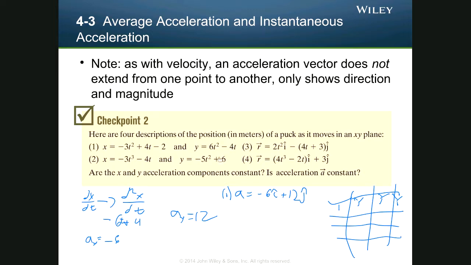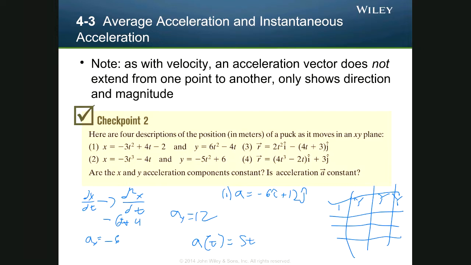Now, if you have a t left in your acceleration, it's not constant, right? So basically, if you have a situation where a of t equals, say for argument, 5t.